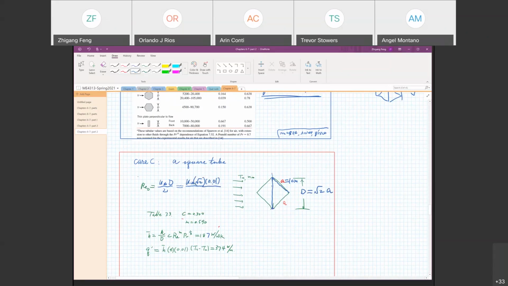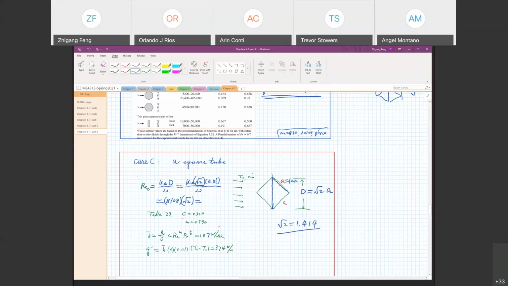a equal to 0.01, 1 centimeter, divided by nu. Now U infinity multiplied by 0.01 divided by nu, we know is equal to 8,108. So we have to multiply by an additional square root of 2, which is 1.414.